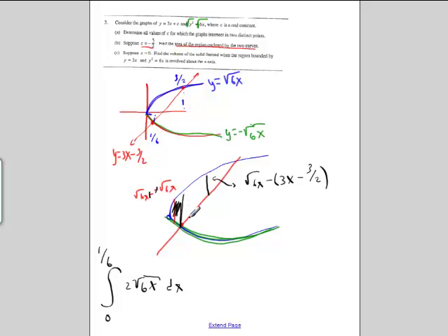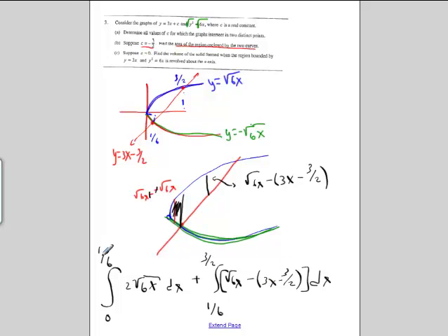And then the area afterwards is where our lower function switches to this line. So then we're going to add from 1/6 to 3 halves the upper minus lower, which is root 6x minus 3x minus 3 halves. And this is integration that you can do on your calculator, or you really can do by hand, but I don't think you want to spend some time doing that right now.